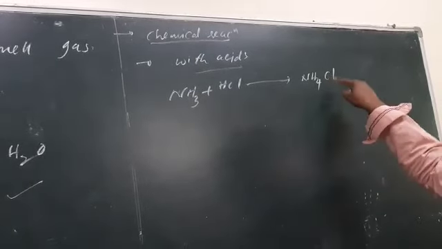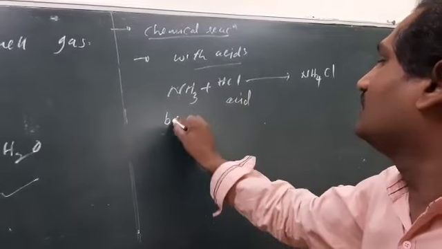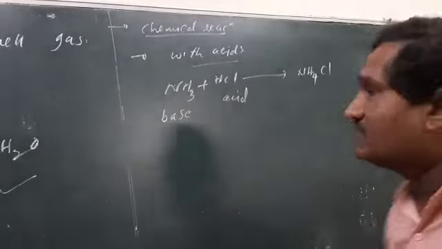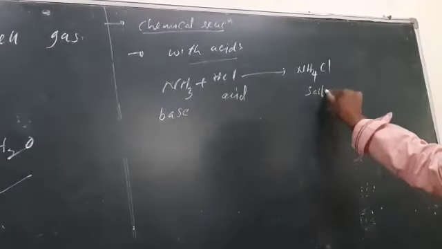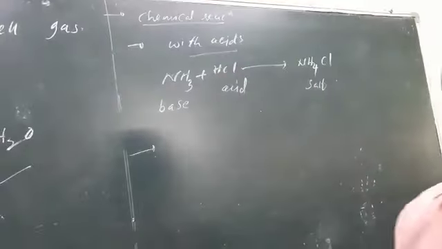Here HCl is the acid, so ammonia acts as a base and forms a salt. Next, with metal salts.